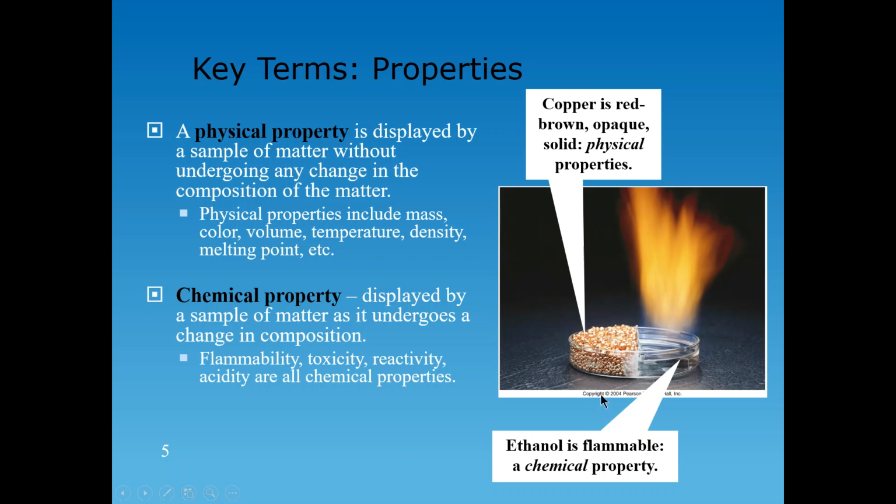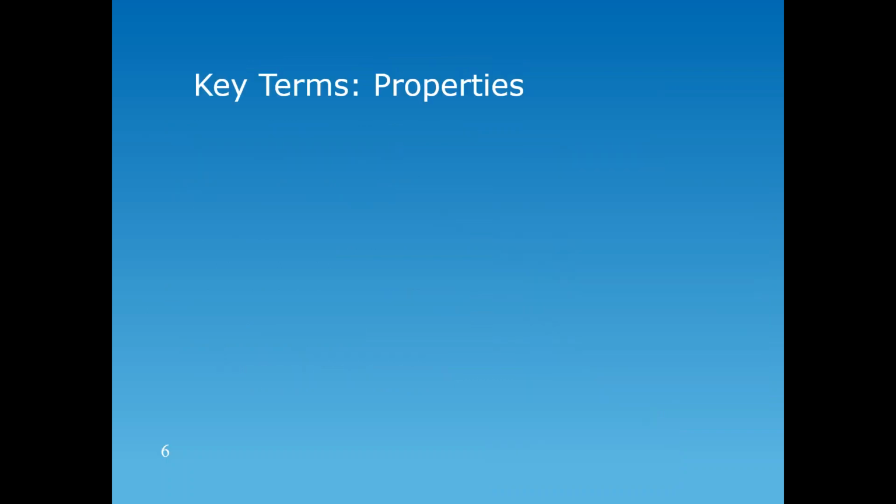On the other hand, the ethanol here is being burnt, so a chemical reaction is taking place where ethanol is converted to other substances, mainly carbon dioxide and water. Therefore, the fact that ethanol is flammable is a statement of a chemical property exhibited by ethanol. Okay, so that's as far as physical and chemical properties are concerned.